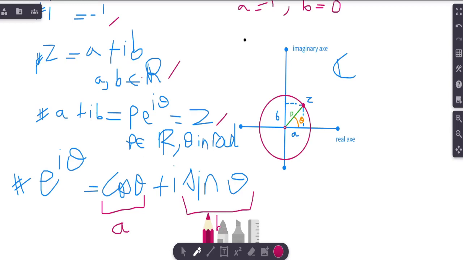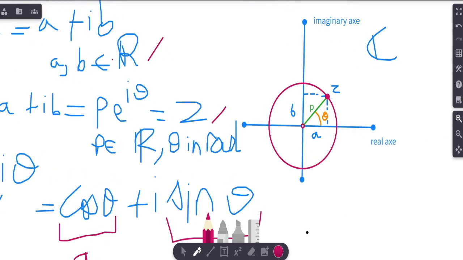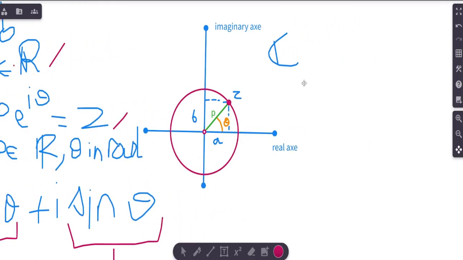So here there is a little graphic. This is called the complex plane. In the complex plane you have two axes: the imaginary axis and the real axis.